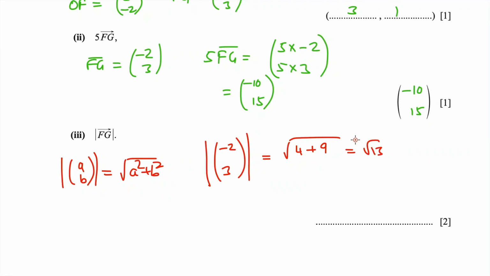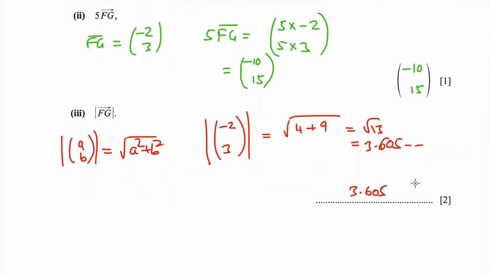And square root of 13, its value would be in between 3.605 and 3.606. So the answer is 3.605. So I can calculate it using the calculator and then write the value, right? So this completes the modulus.